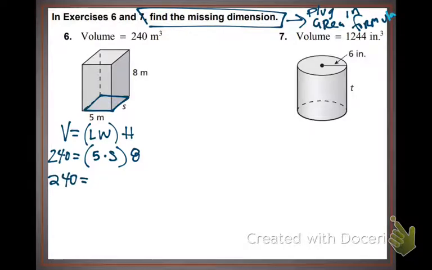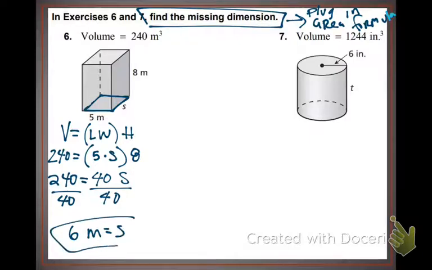So what's 5 times 8? 40. So you have 40S, because order of multiplication does not matter. What do we do to finish this problem? Divide by 40. So 6, what are we at? Meters equals S.